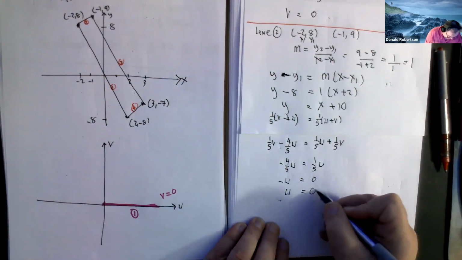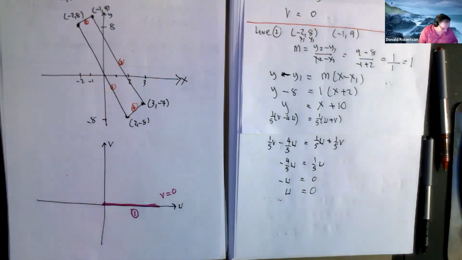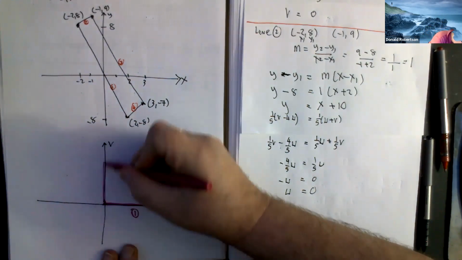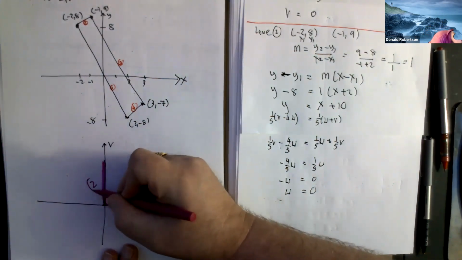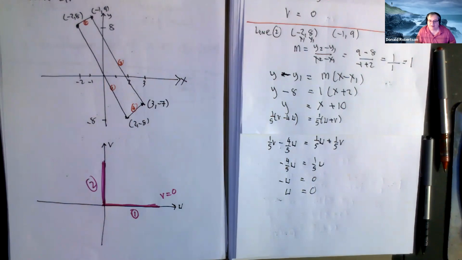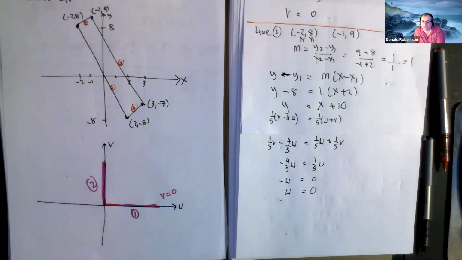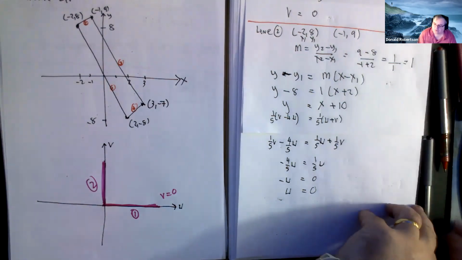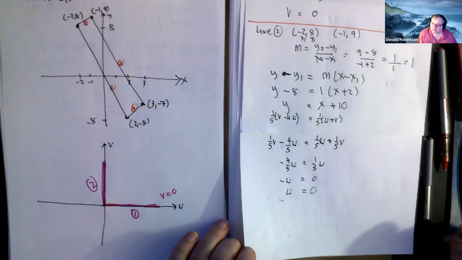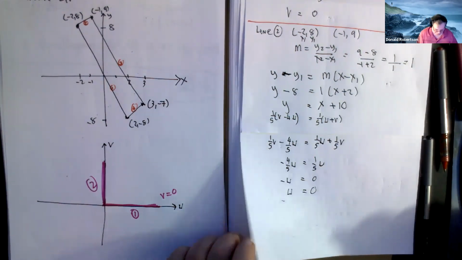You just end up with u equals 0. Were you expecting that? That means line 2 is that guy. Hey, I think this thing is going to turn into some kind of rectangle. Looks like it might.